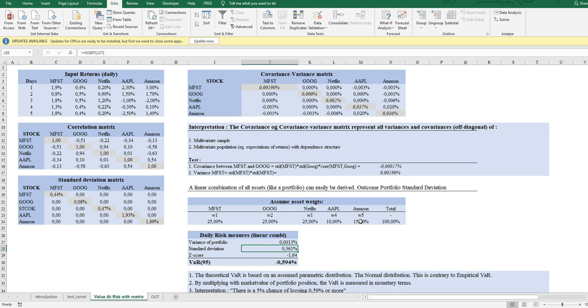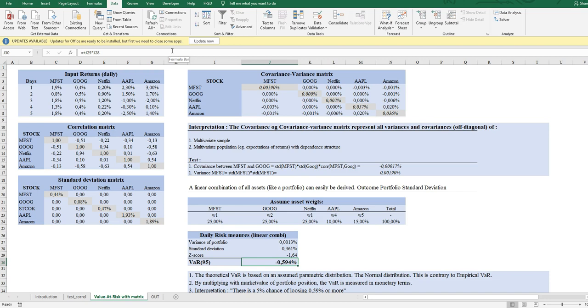So I use the Z score aligned to the 5% one side of the normal distribution. This means that the VaR 95 is minus 60 basis points on a daily basis.